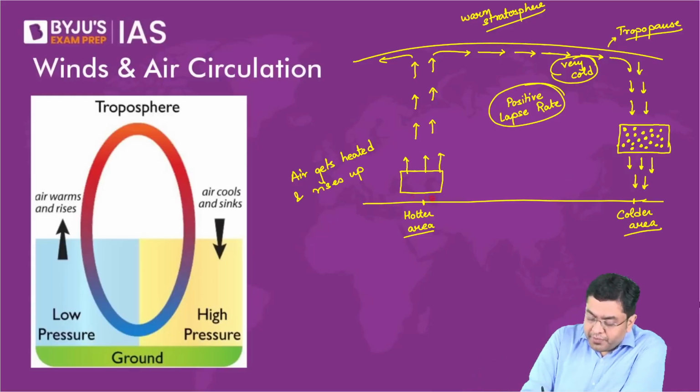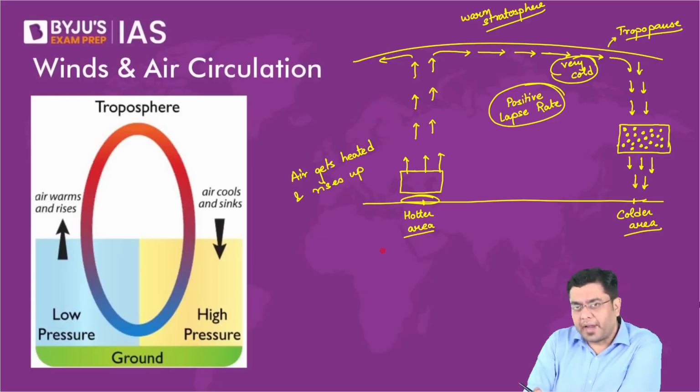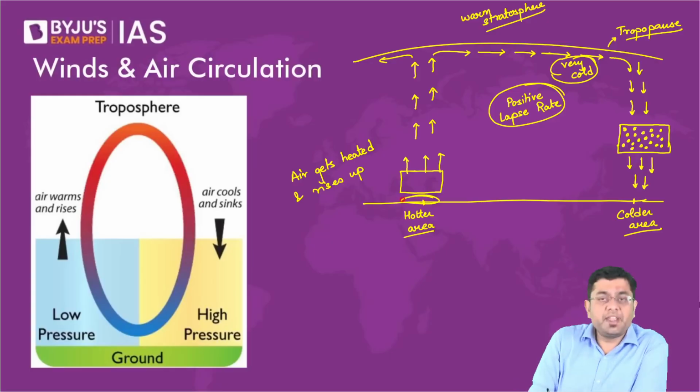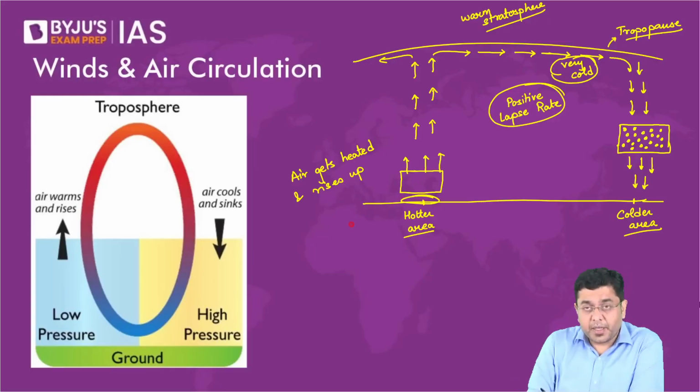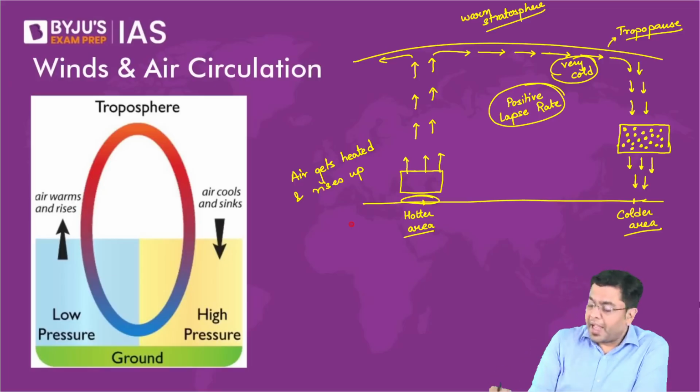Now in this portion, we have considered a hotter area, because the air is consistently rising, so in this portion we can say that a vacancy has been created because the air which was present there has risen up. And here we can say that there is a surplus which has been created because of sinking air.